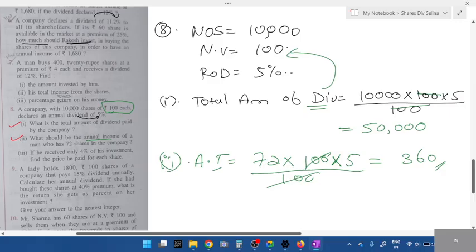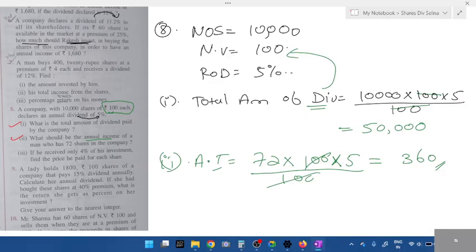So a company has 10,000 shares. On the first day of the class, I explained to you: if you want to buy, you can buy all of the shares or you can buy a certain part. So that's the question.